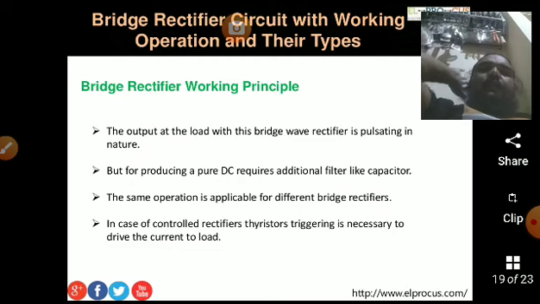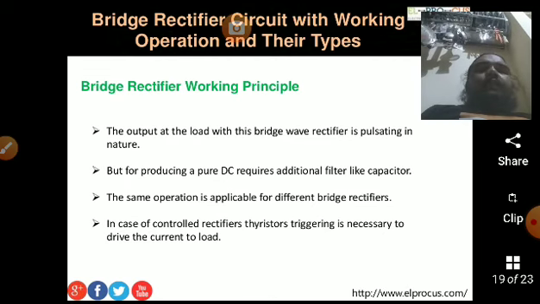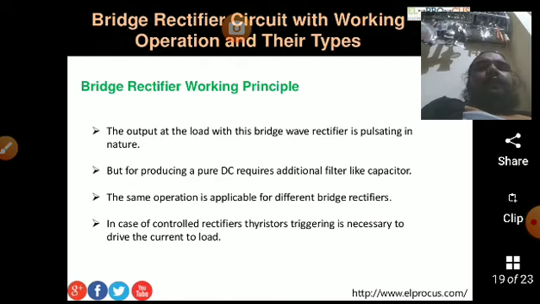The same operation is applicable in the case of the controlled rectifier.